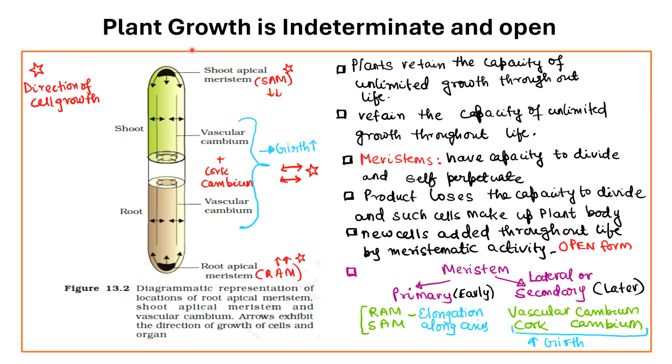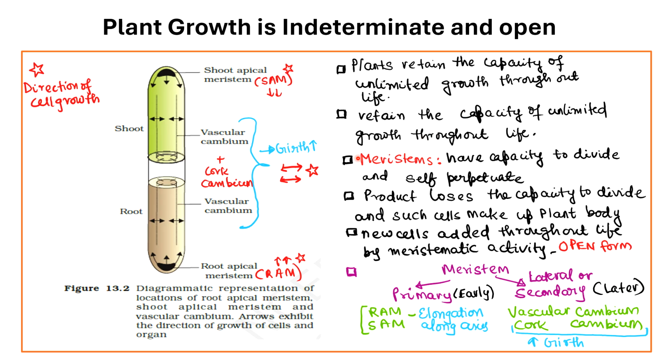Now let's look into the plant growth nature, which is indeterminate and open. I already told you that plant cells are capable of growth throughout their life cycle, right? That is called indeterminate growth. And open type, why? Because new cells are always added in a plant.